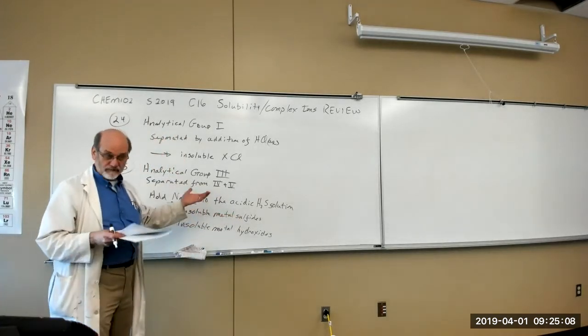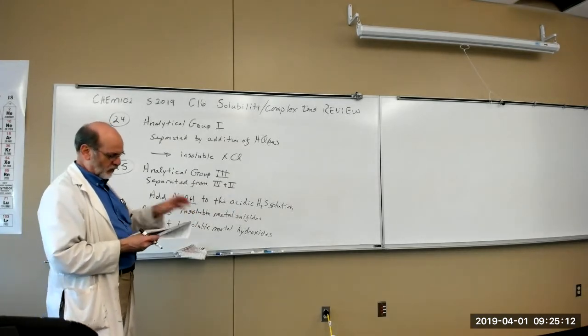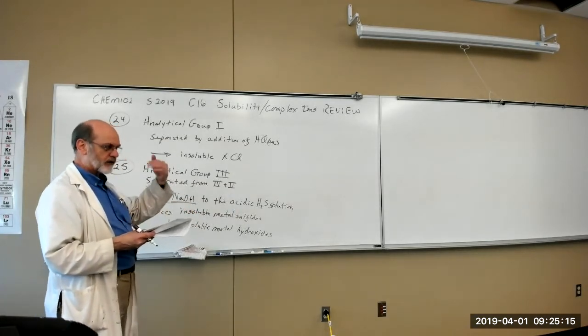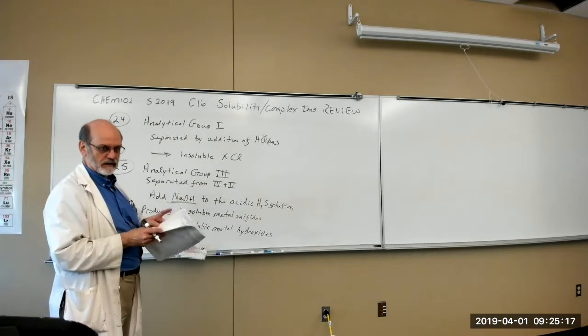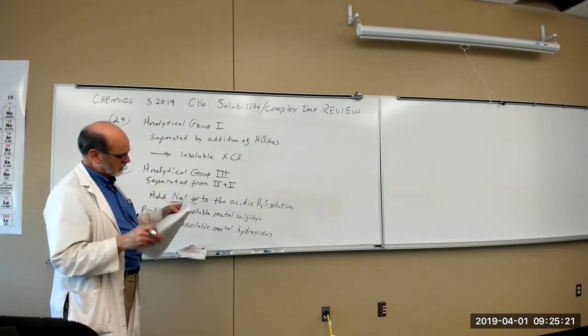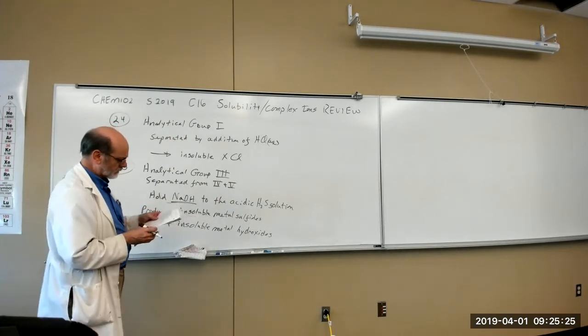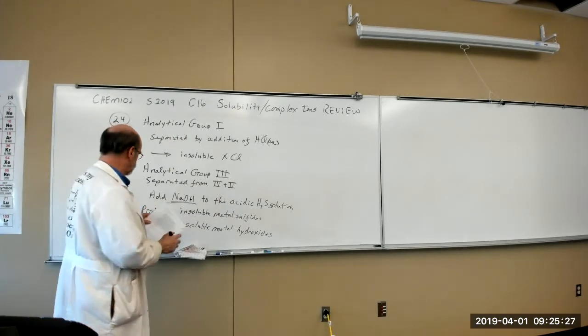If that's what you want, fine. But the whole purpose of this scheme is to sequentially separate metals, so that needs to be worded a little differently. The key here is basic solution.